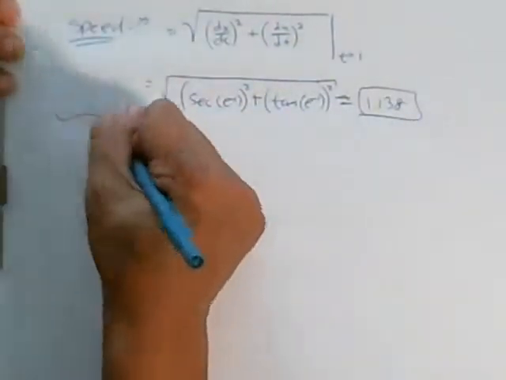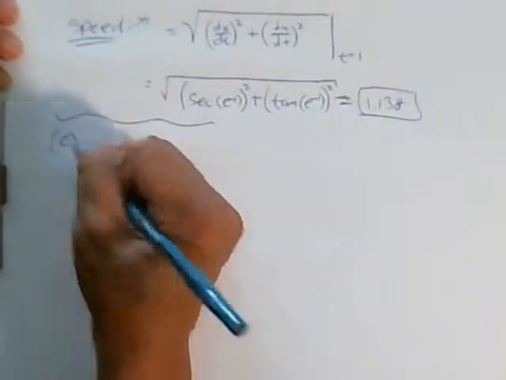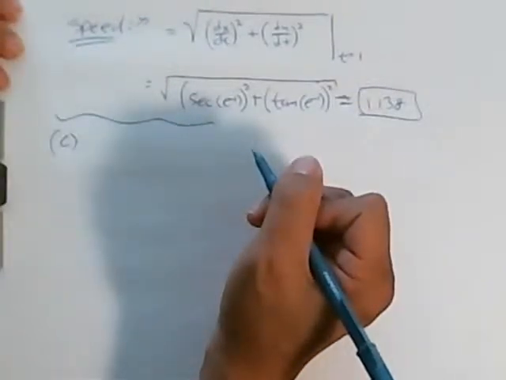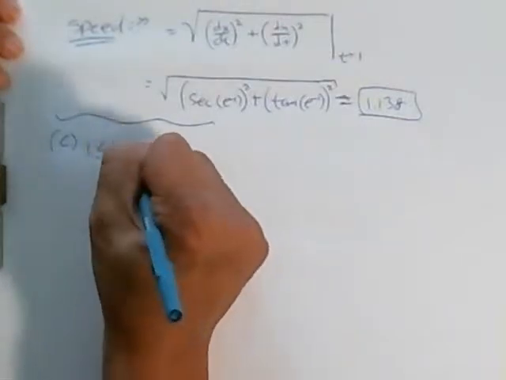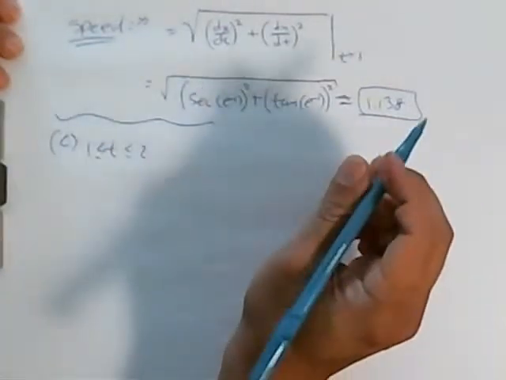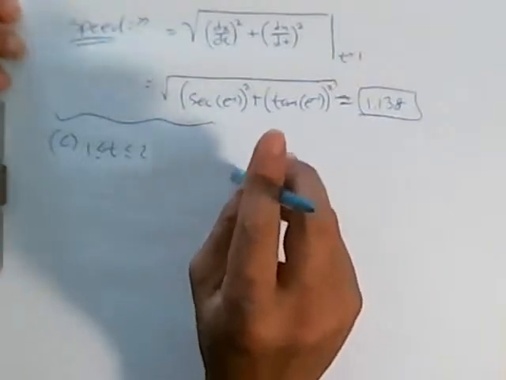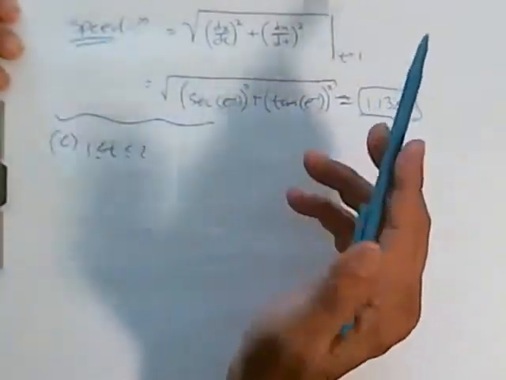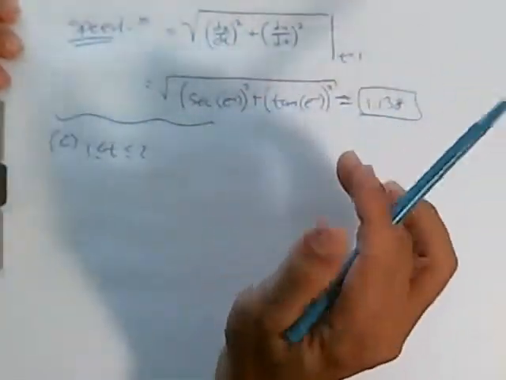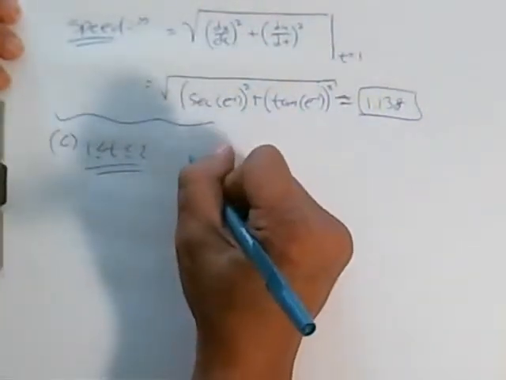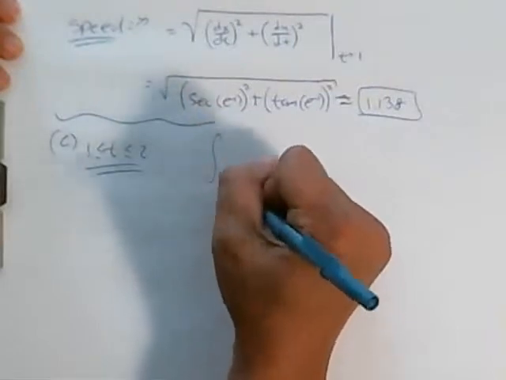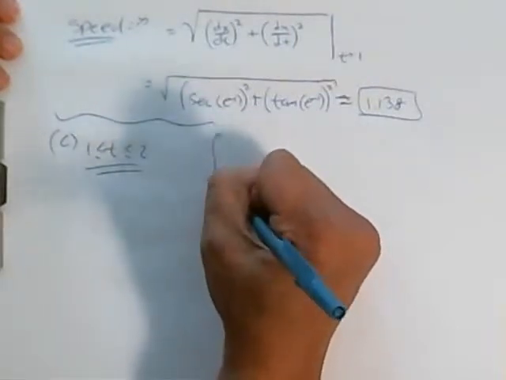Let's do part C now. Part C says find the total distance traveled by the object over the interval between t equals 1 to 2. And you want the total distance. I made a mistake the first time when I did this with the student, so I have to be very careful. The total distance that it travels is the integral. We're adding up all the pieces from 1 to 2.